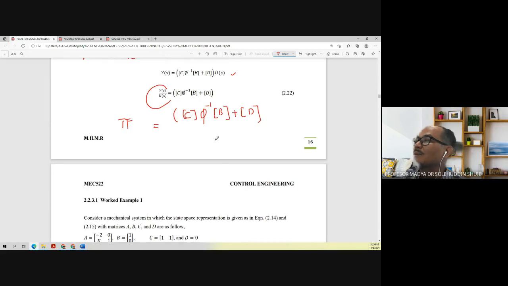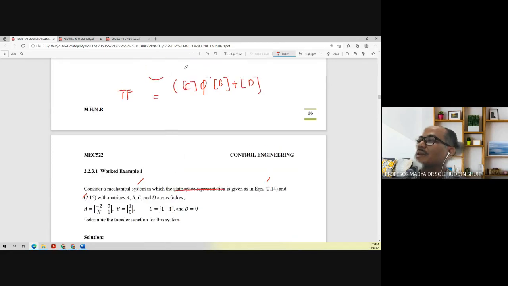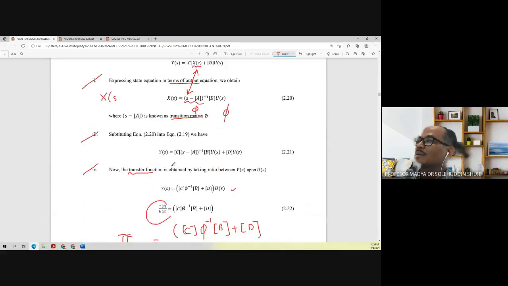In order to make it clearer, we do this worked example of a mechanical system in which the state space representation is given in equations 2.14 and 2.15.